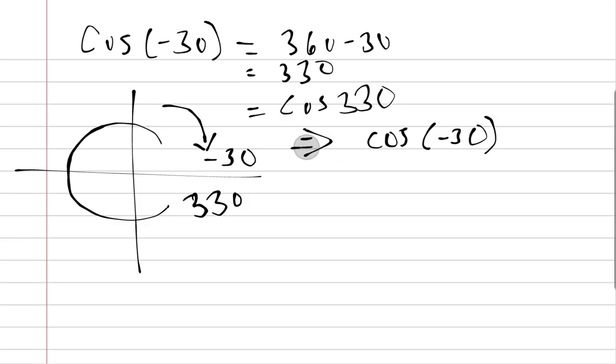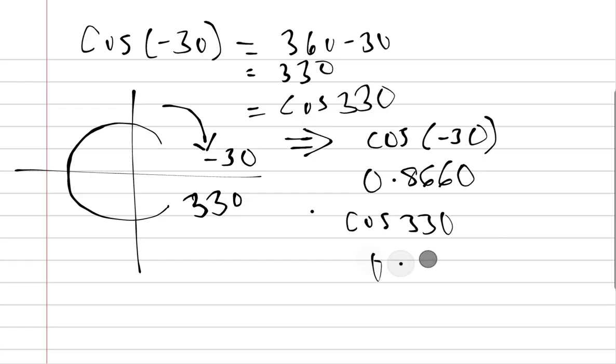If you punch your calculator and do cos minus 30, you are going to get 0.8660. If you do cos 330, you will also get 0.8660. Are you seeing that now?